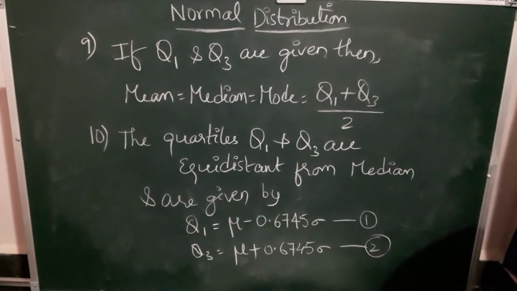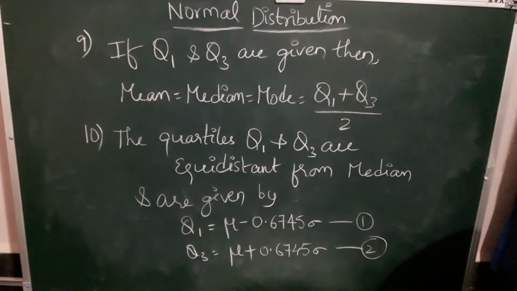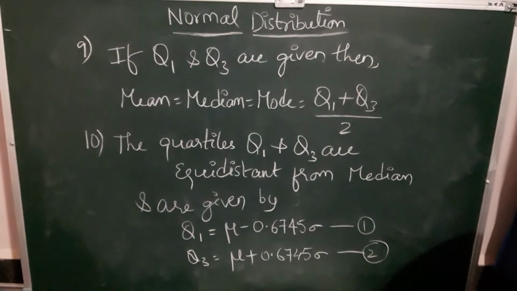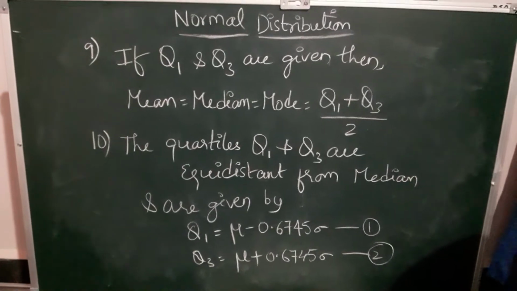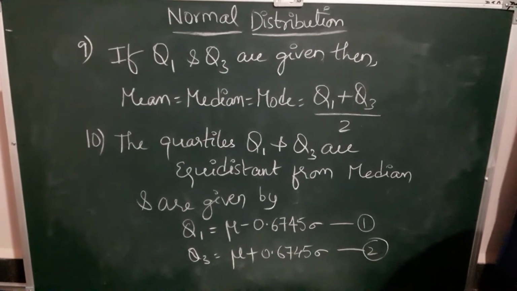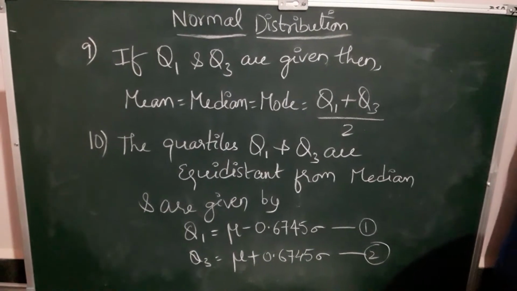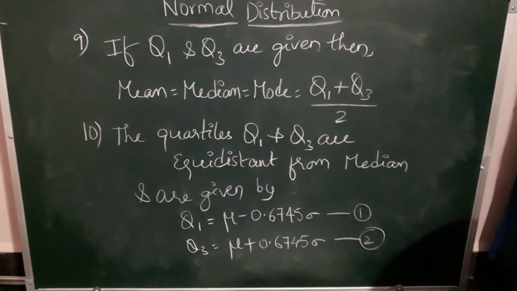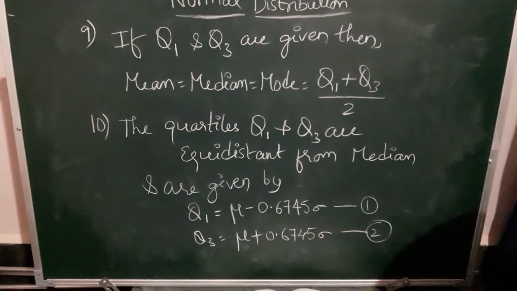Now what are they given by? Q1 is mu minus 0.6745 sigma. Sir, what is this value 0.6745 sigma? Students, do you remember the quartile deviation formula I gave as property number 5, if I remember? Property number 5: standard deviation sigma, quartile deviation 2 by 3 sigma, and mean deviation 4 by 5 sigma.